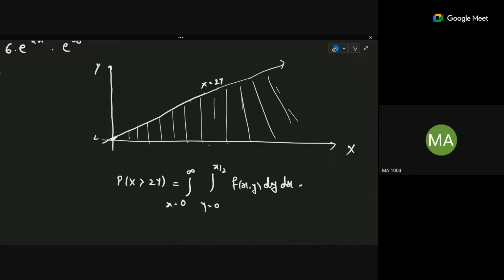So what you have done is ranging x from 0 to infinity, and ranging y from 0 to x by 2. That means you have taken a vertical strip.